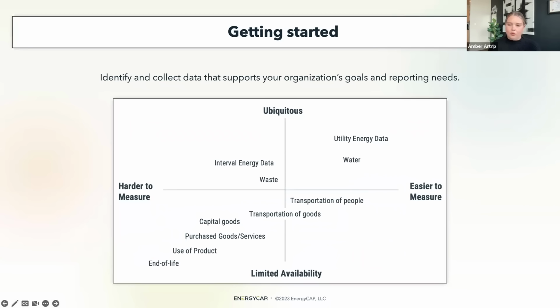So what's really important when you are thinking about how you're going to pull together your decarbonization strategy is thinking about the data points that are important for your business to measure and the scope categories that you want to prioritize. Many organizations, when they're just getting started, will go through what they call a materiality assessment. And this is how you can organize and strategize the scope categories that are most impactful for your business that you want to monitor.